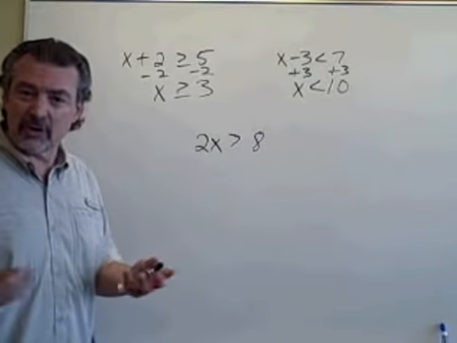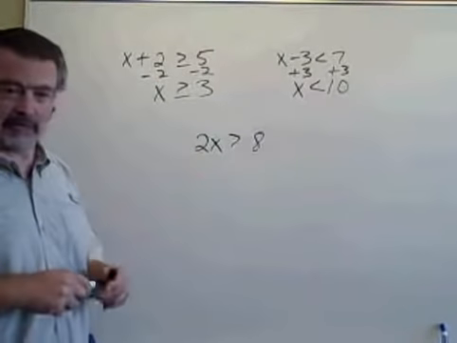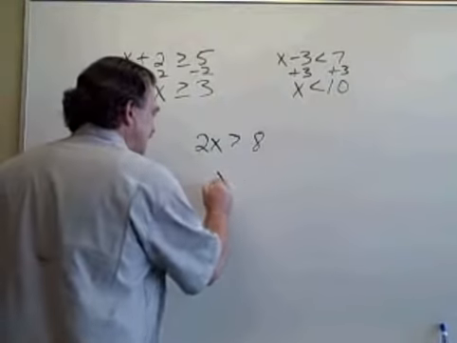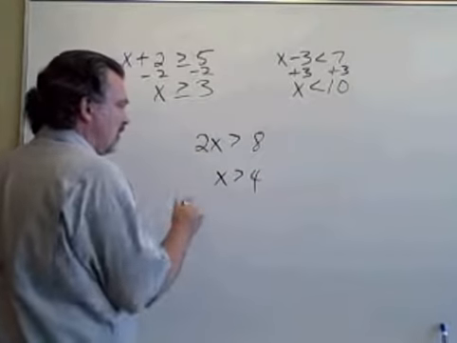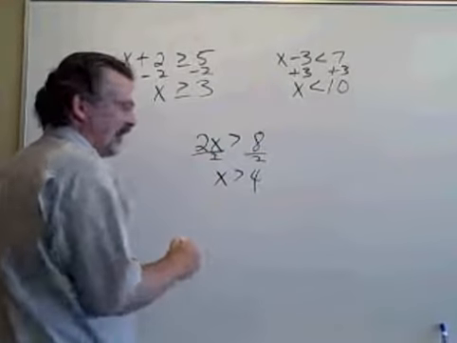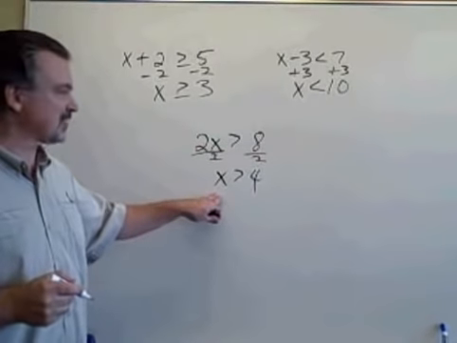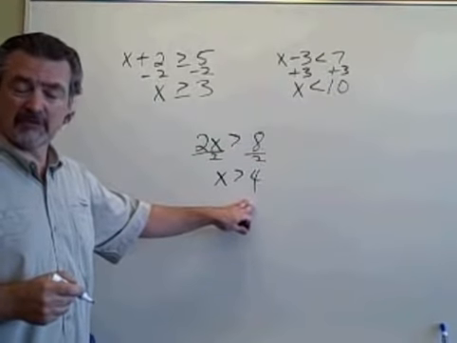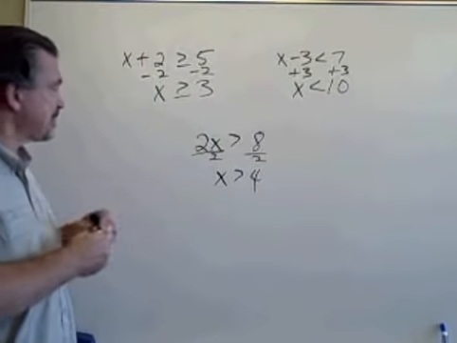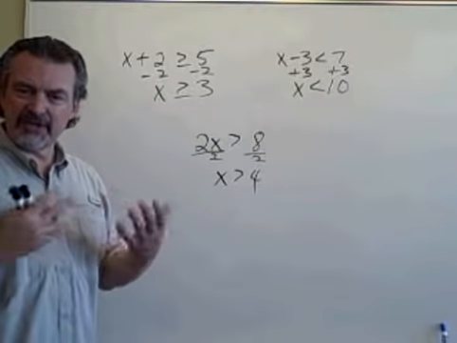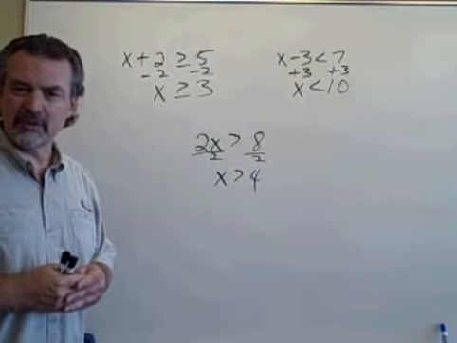So any number larger than 4 is going to make that inequality true. Any x greater than 4. Oh, and couldn't I have gotten that by dividing both sides of that inequality by 2? 2x divided by 2 is x, 8 divided by 2 is 4.